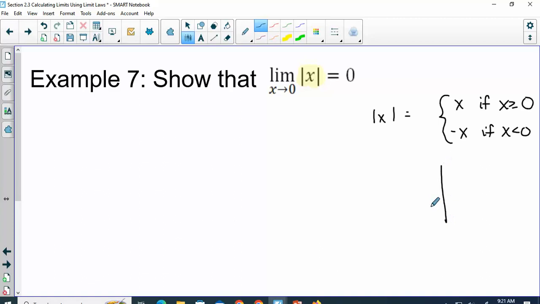What does the graph of an absolute value look like? A V. So we know it's kind of like this. The negative x values still have a positive y value. So if I'm trying to look at the two-sided limit, I would have to look at each. Let's look at the left and right.